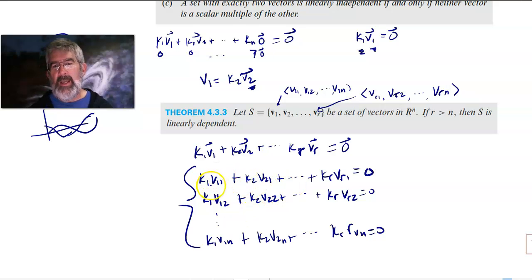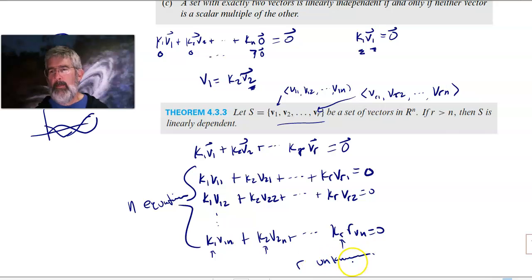The variables are the k's, because all the vij's are just the components of the given vectors that you started with up here, right? So I have how many equations? Well, it looks like I have 1, 2, 3, I have n equations. How many variables? Well, I have 1, 2, up to r. I have r unknowns.